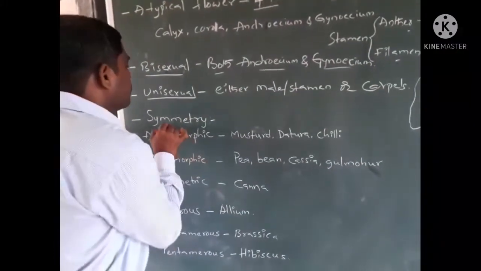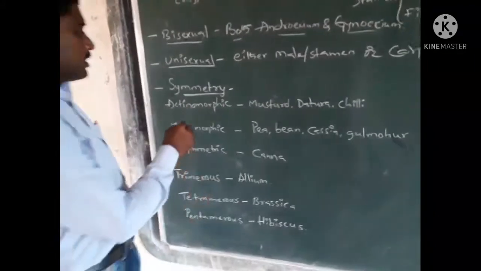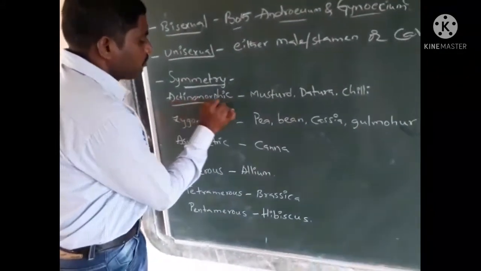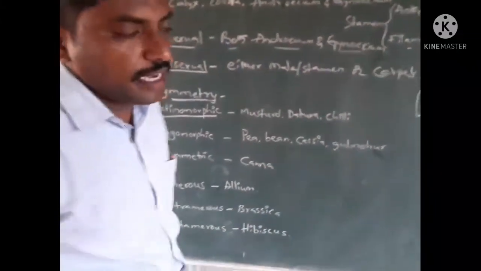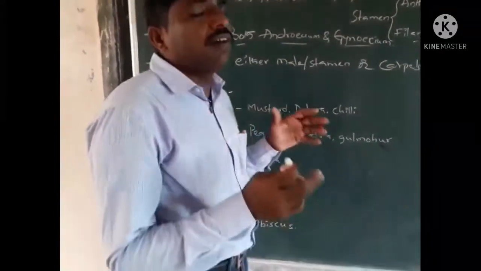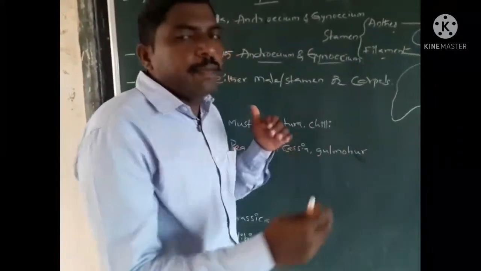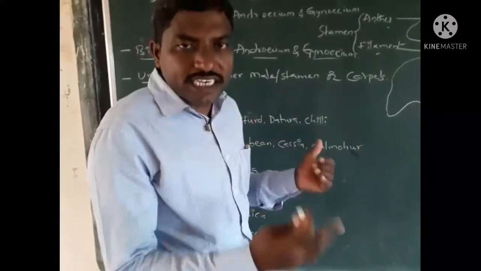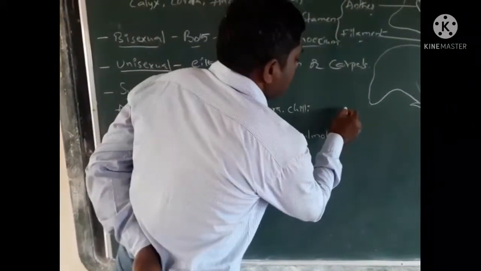Coming to symmetry, some flowers show actinomorphic symmetry. What is meant by actinomorphic? When the flower can be divided into two equal halves by any plane through the center, that is called actinomorphic symmetry.